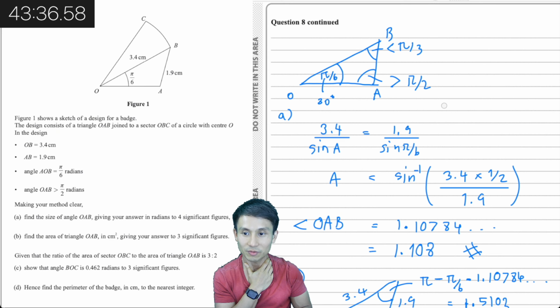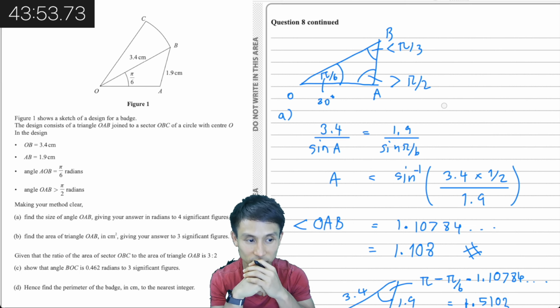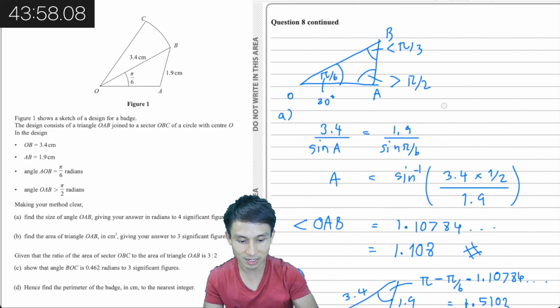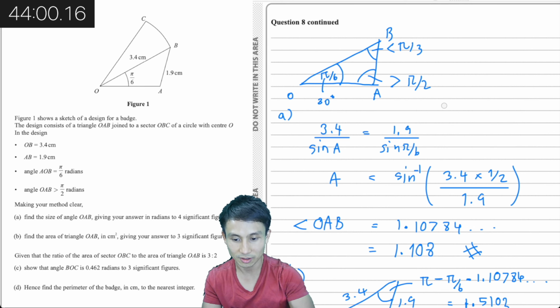Okay, so OAB, which is A in this case, I put opposite to that. All right, so that shouldn't be a problem. Sine pi over 6 is 1 over 2, so that multiply and that divide. So let me do arcsine of that again. I'm not sure which one is wrong yet.